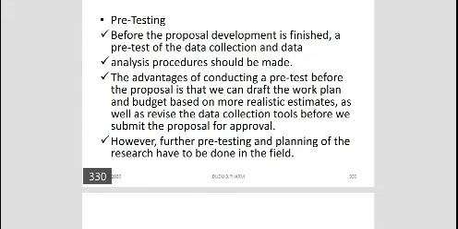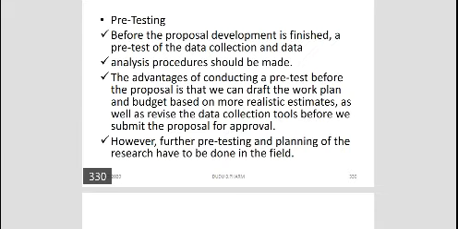Why should we do this pretest? Because once the proposal is approved and there are mistakes or errors in your tools for data collection, you will have no chance, or may lack resources, to correct the errors. So we get the point.